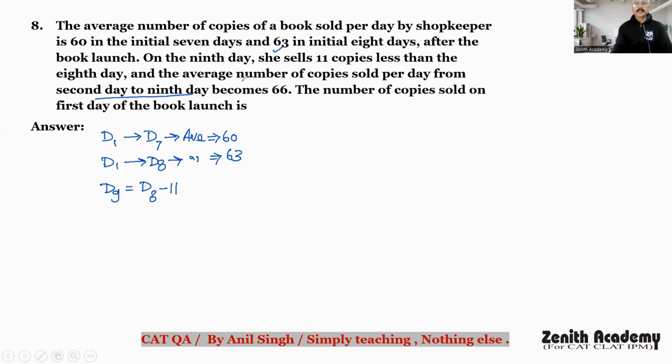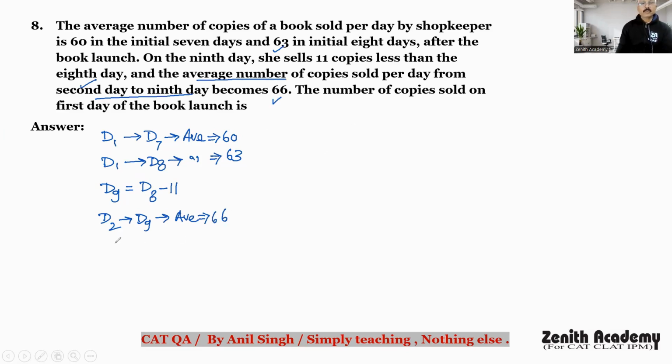And then it is given the average number of copies sold per day from the second day to the ninth day is 66.